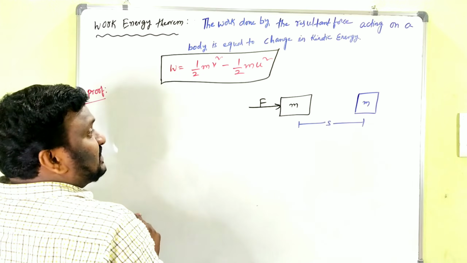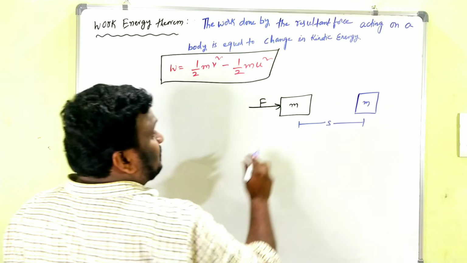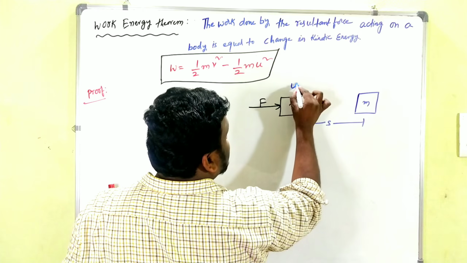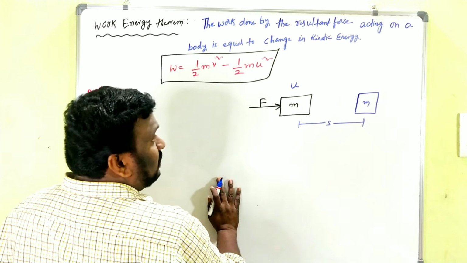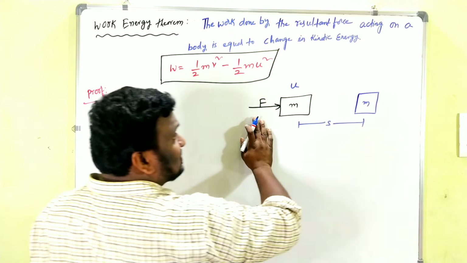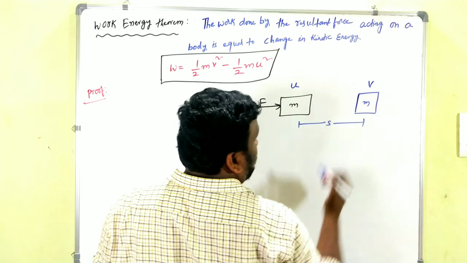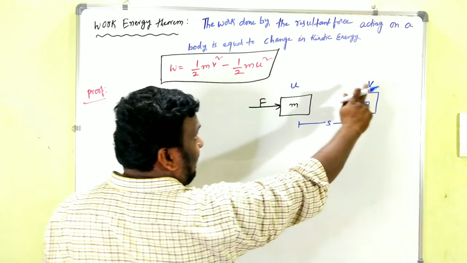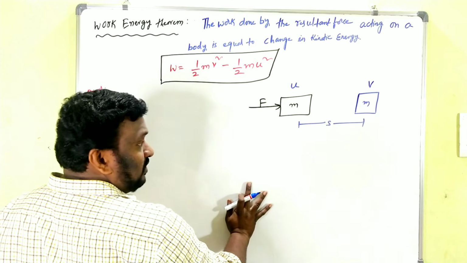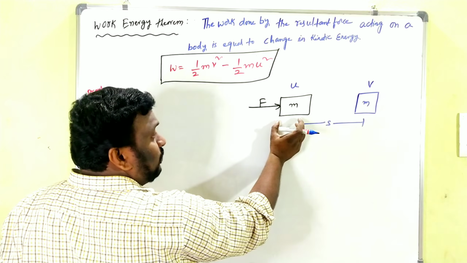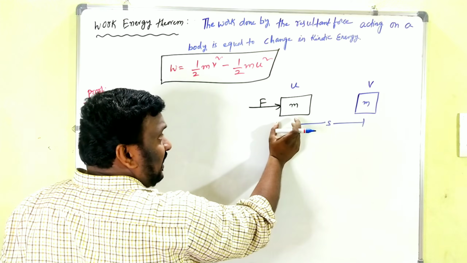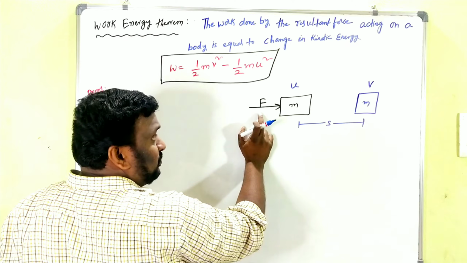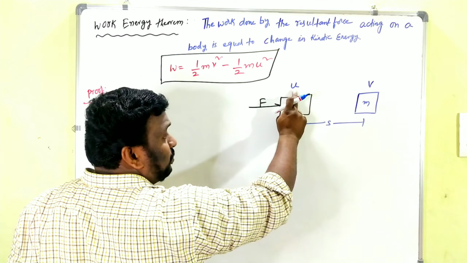And in this case you have to assume the body initially has some velocity u. Due to the applied force, the velocity becomes v. u is the initial velocity and v is the final velocity. We have taken one body of mass m, acted upon by the force f, and initially its velocity is u. Clear?